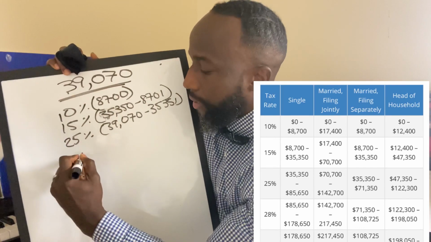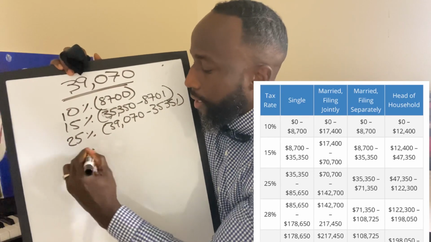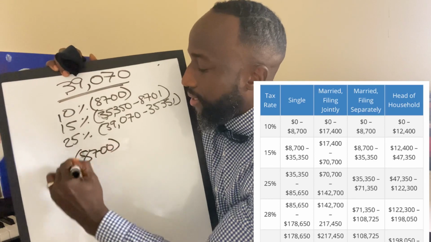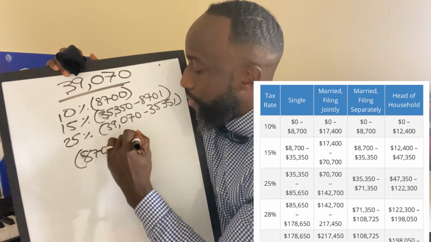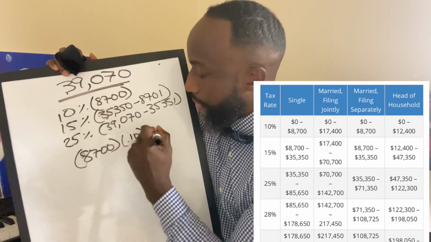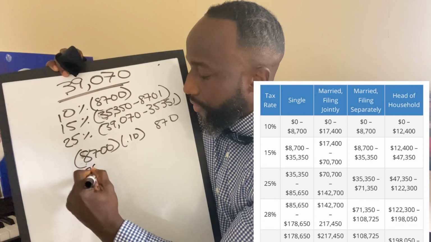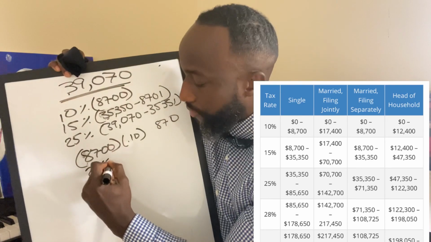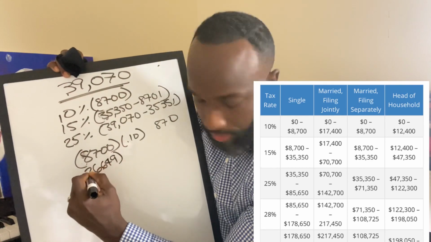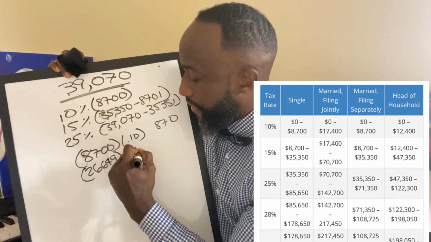Let's show it off. So it'll be 8,700 times 0.1, right? That's 10%, right? That's going to give you 870. Then you're going to have 26,649 times 0.15.